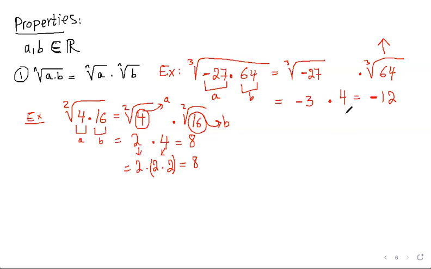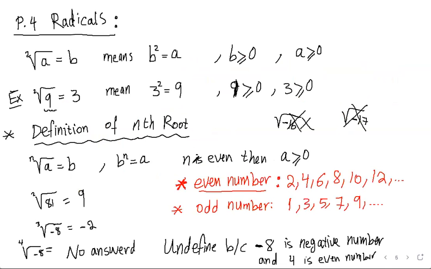Going back to the last slide, like I said before, the square root of A equal B means B squared equals A. If I square this answer, it gives me A. That's why the answer for the square root of A is B.